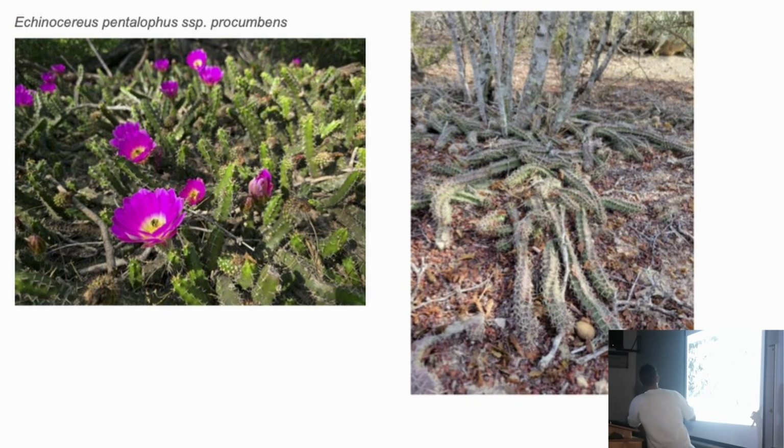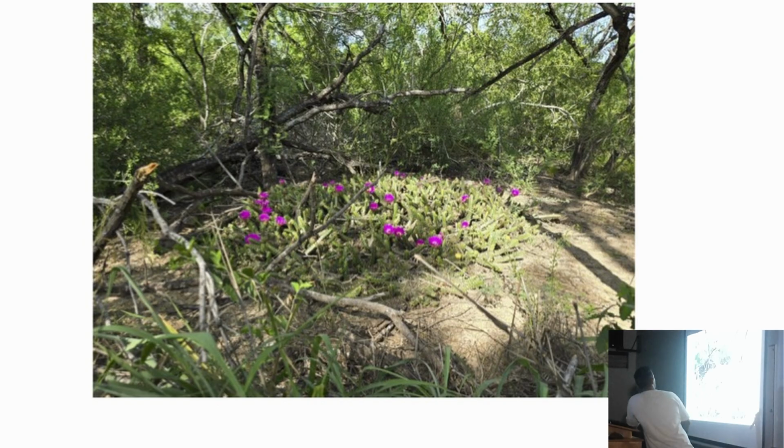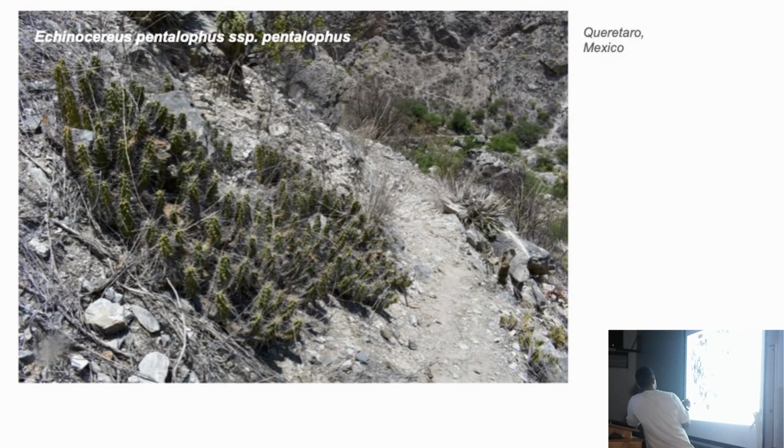And Echinocereus pentalophus. I didn't know this was a subspecies, the one that we get in the valley, which is really one of those plants that's really easy to make cuttings of and share, give away to friends, whatever. Totally stunning when it lights up and blooms. This is the Chihuahua Woods. And this is Echinocereus pentalophus, subspecies pentalophus from Querétaro.